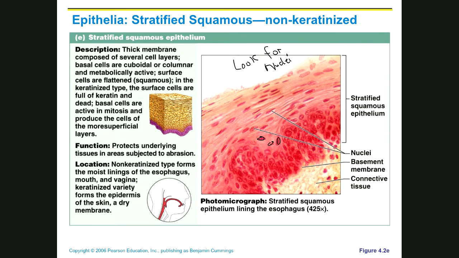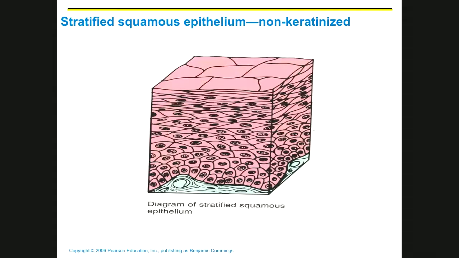We're going to look here. So look, there are nuclei in the outer rows. So this is non-keratinized. But look here. There are nuclei in the outer rows, non-keratinized.